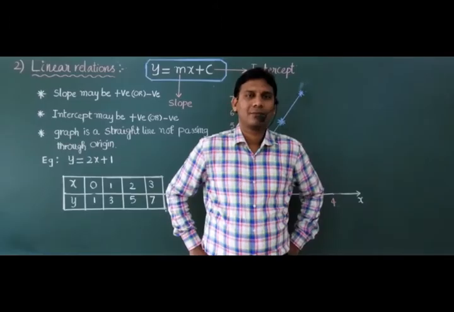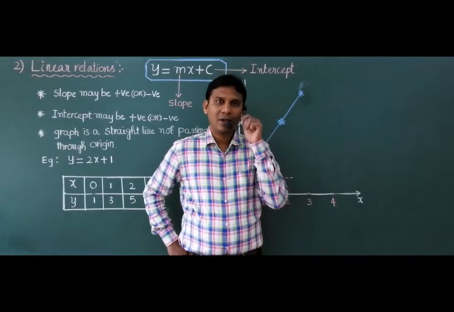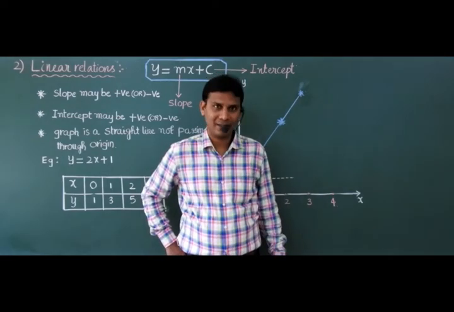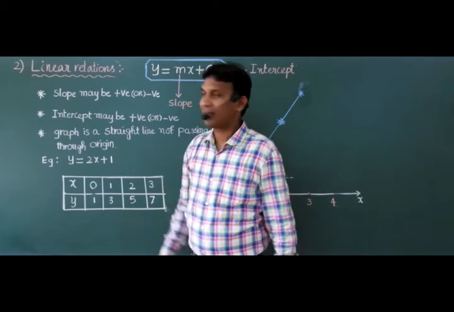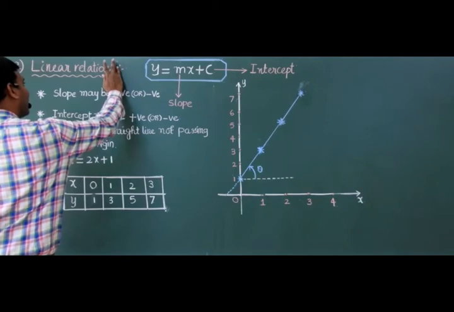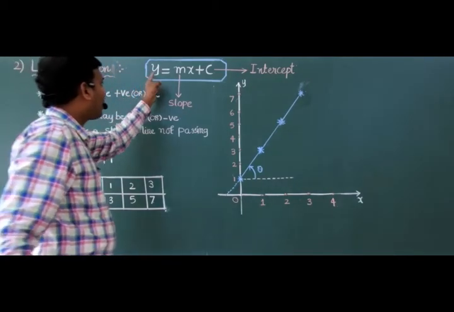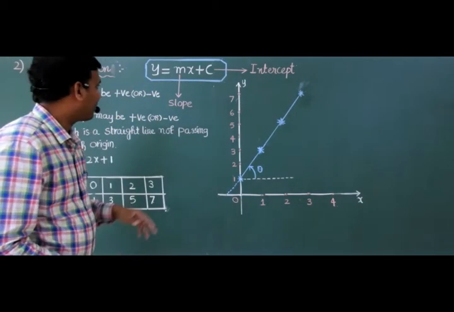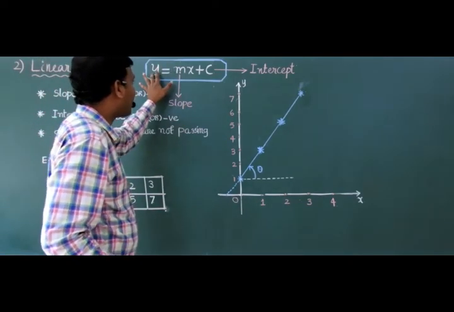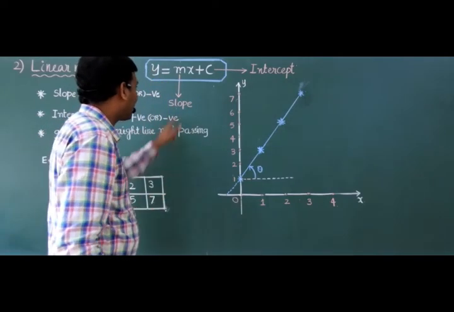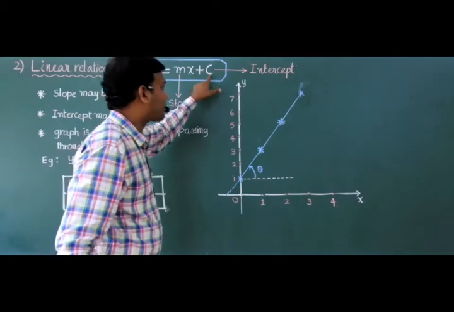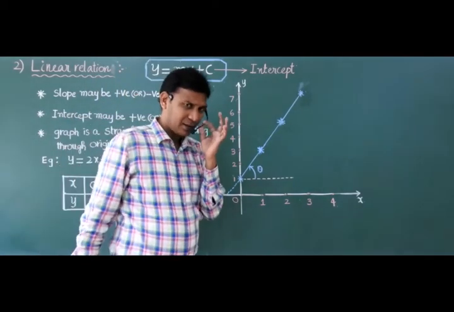Right. So the next concept, next relation, is y is equal to mx plus c. It is a linear relation. Okay? Linear relation. Y equal to mx plus c. Right? M is the slope. X and y are two variables. X is independent, y is dependent. C is the intercept. Clear?